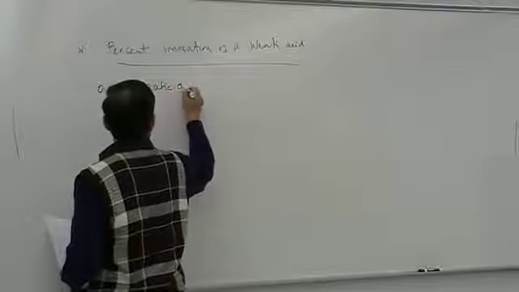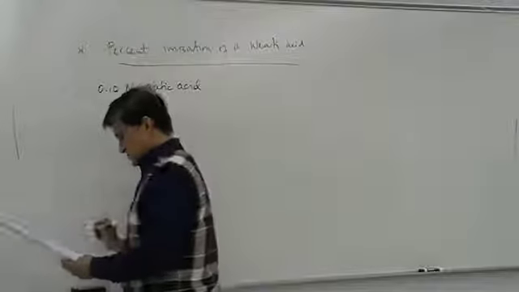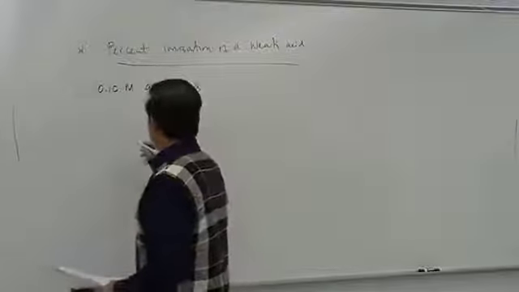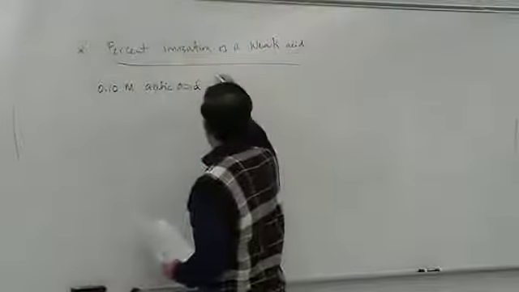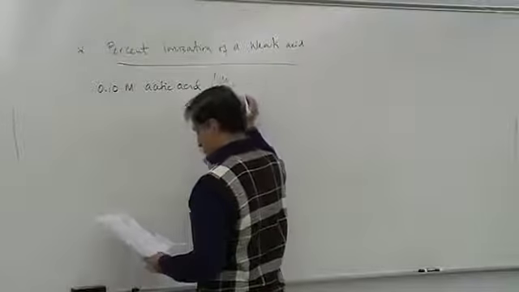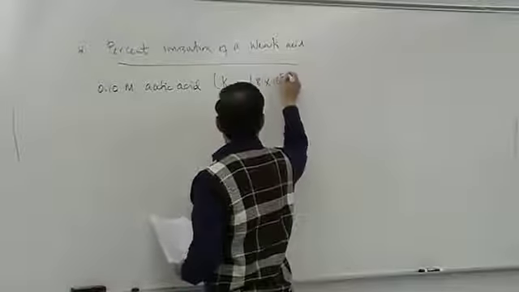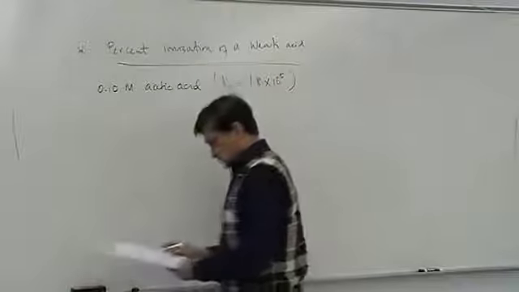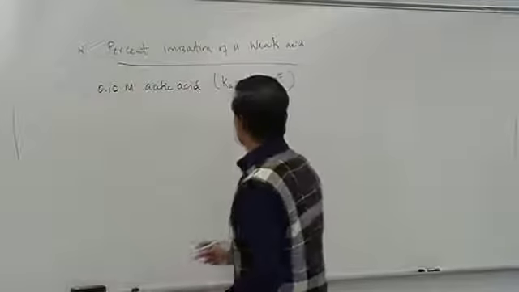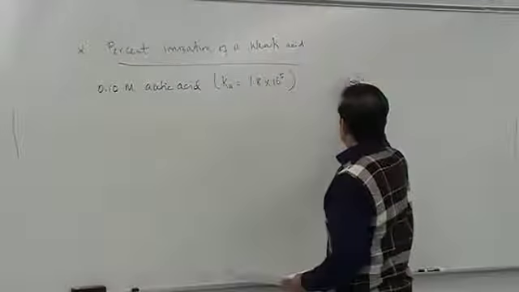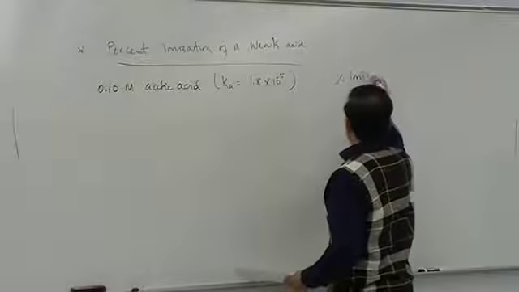This is an organic acid, and you must know the Ka value, and the Ka for this acid equals 1.8 times 10 to the negative 5. Okay, and we need to get percent ionization.